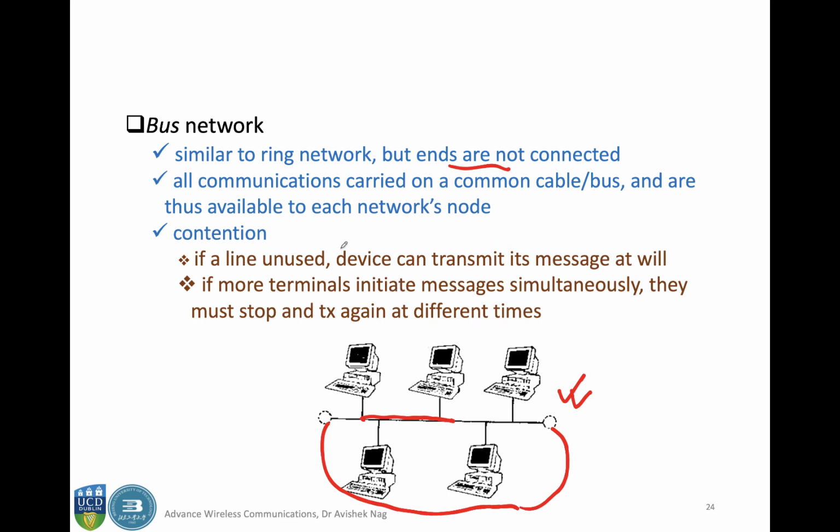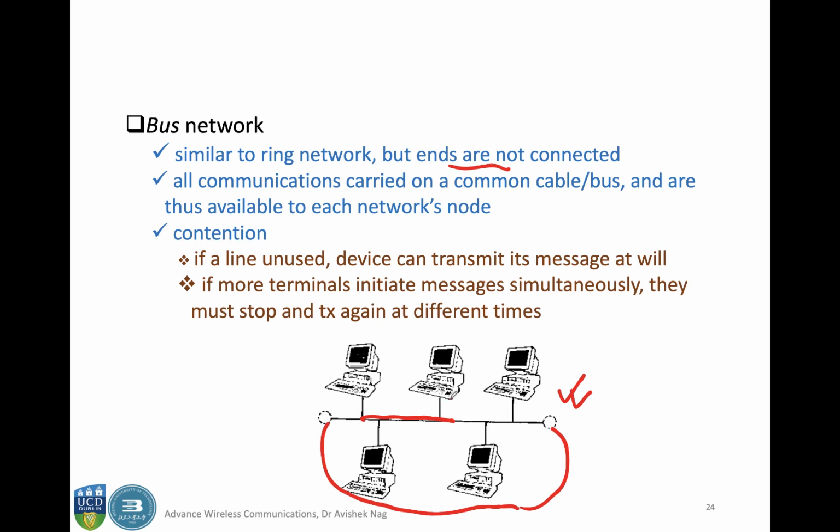There are some issues in bus networks. So you can have contention. For example, if a line is unused, the device can transmit its message at will. But if more terminals are initiating messages simultaneously, they must stop and transmit again at different times.